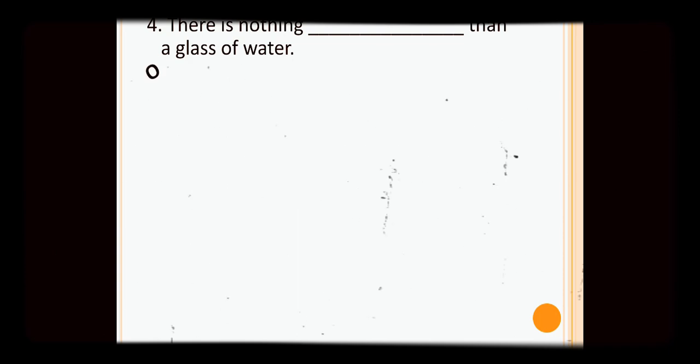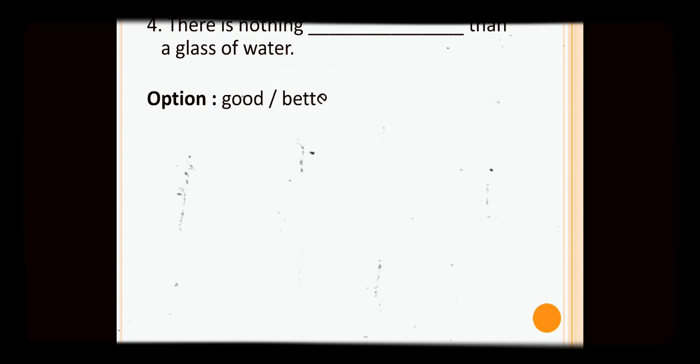Next question. There is nothing dash than a glass of water. So the options are good, better, best. So here you need to observe that two things are compared.